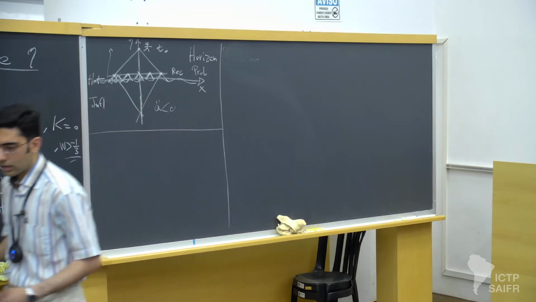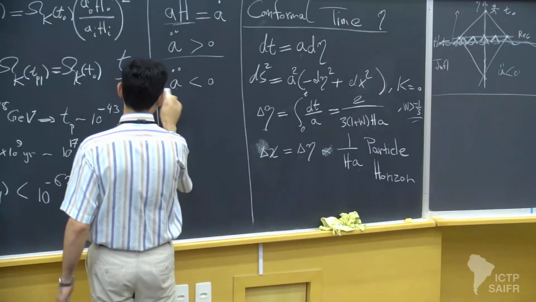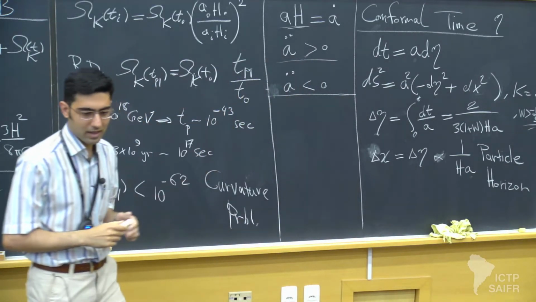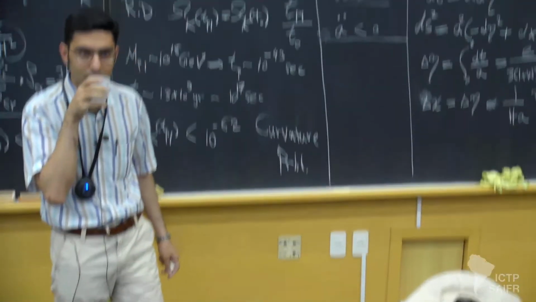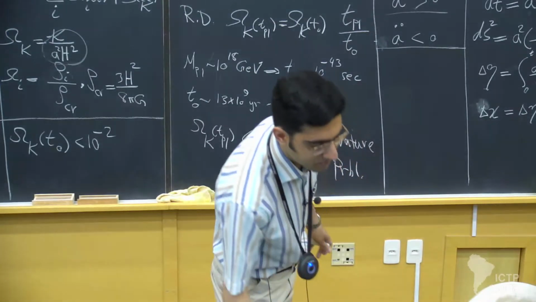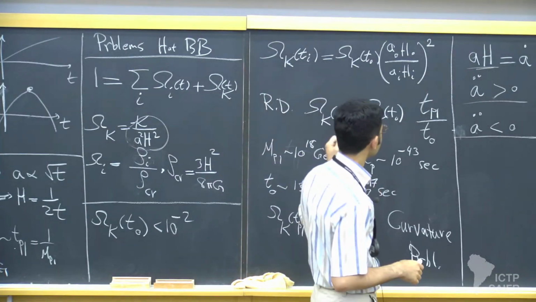Now since we are here, we can also imagine another possibility that sometimes people discuss, because I'm not going to talk about it later. That's the subject of alternatives to inflation.